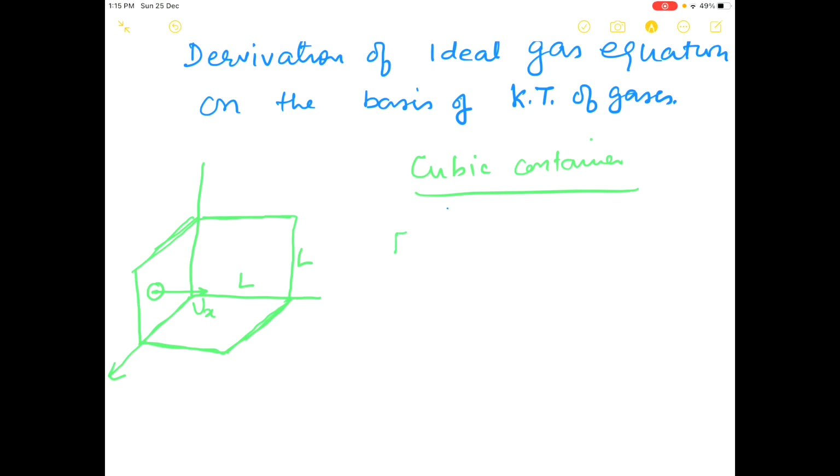Now F is equal to, what is force? Force is the rate of change of momentum, or F is equal to delta P by delta T. What is the change in momentum?